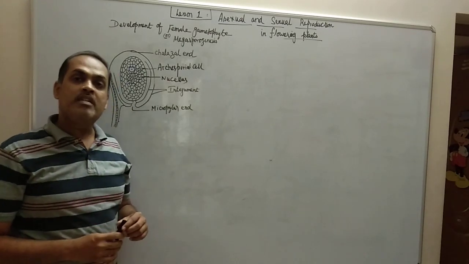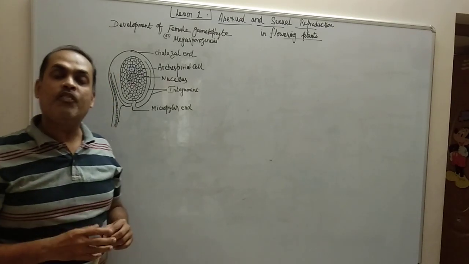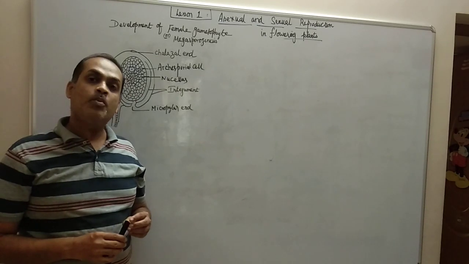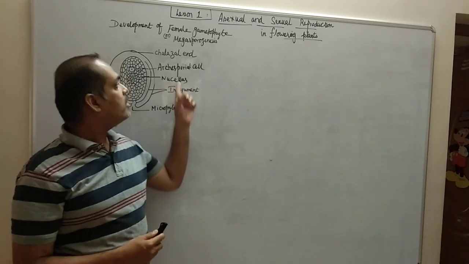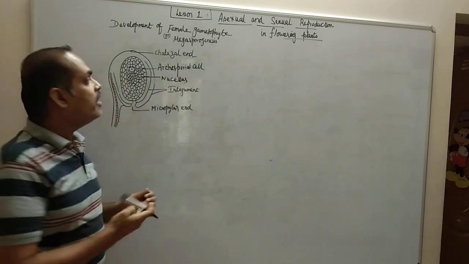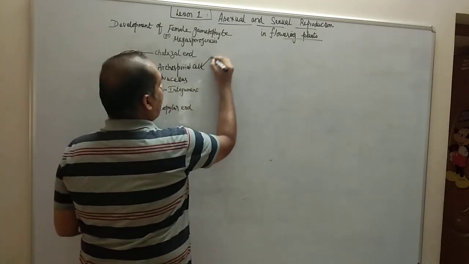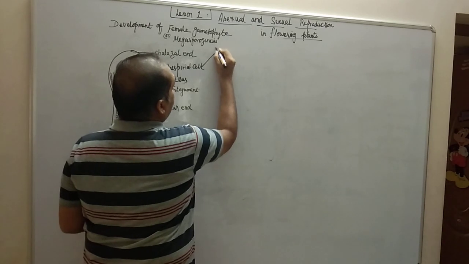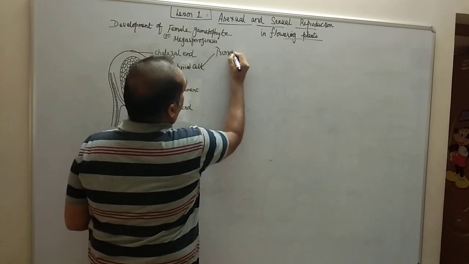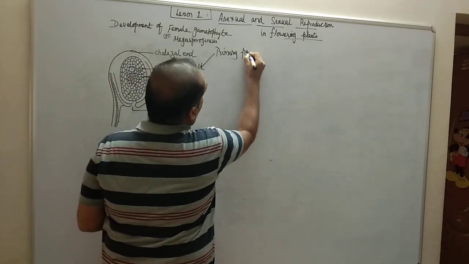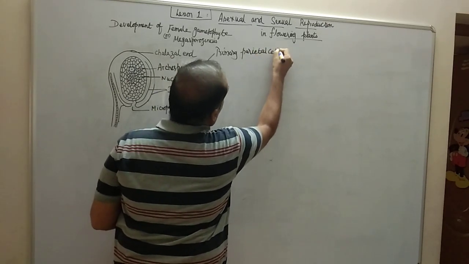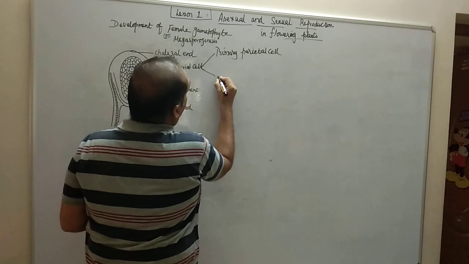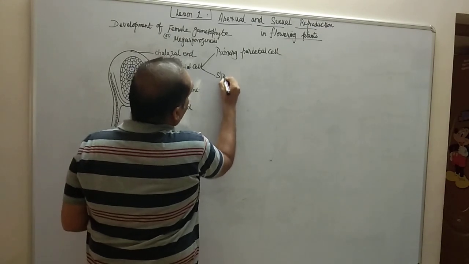In most plants, the archesporial cell itself will act as a megaspore mother cell, or sometimes in some other plants, this archesporial cell will further divide into a primary parietal cell and an inner sporogenous cell.